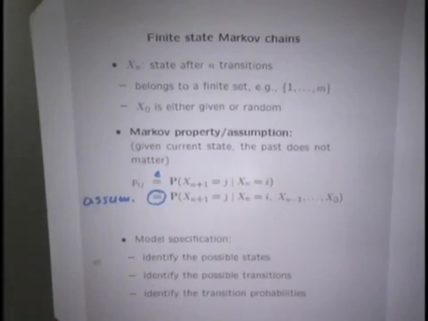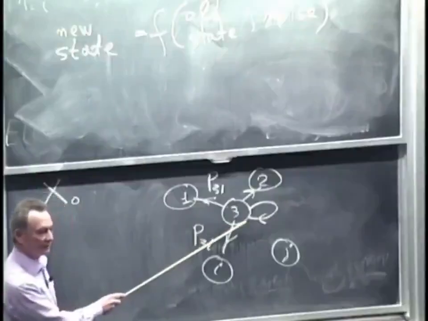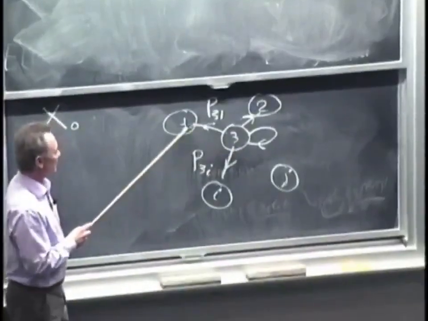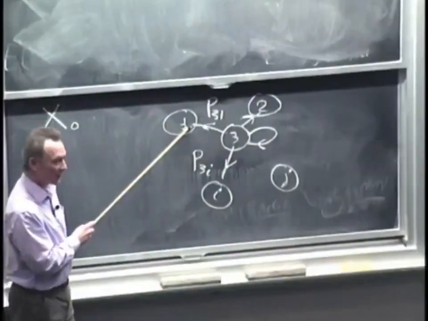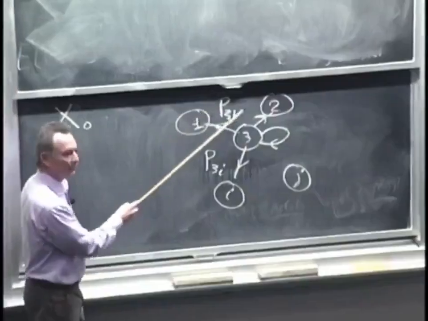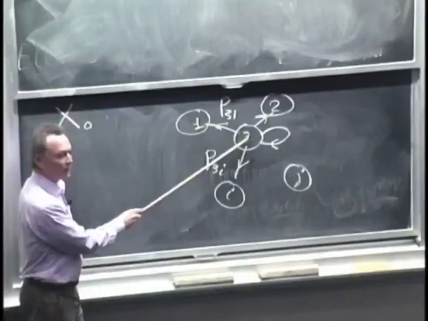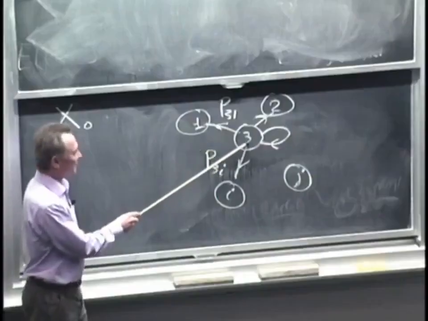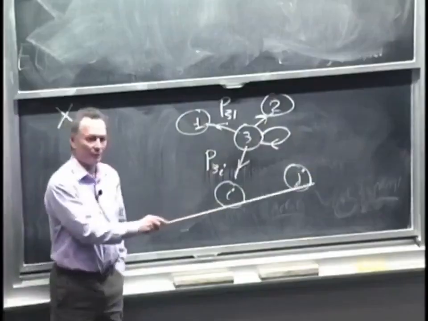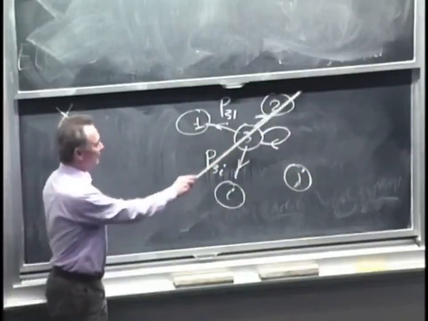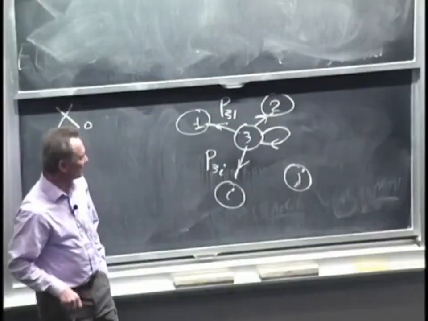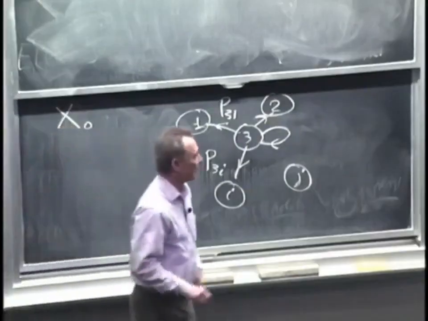Every time that I find myself at state 3, the probability that next time I'm going to find myself at state 1 is this particular number, no matter how I got there. That is, this transition probability is not affected by the past of the process. It doesn't care about what path I used to find myself at state 3.